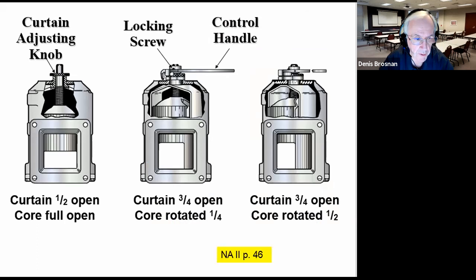Well, how do we control that air? For large volume use, these curtain valves are used, and you can see from this illustration that you can open them a little bit or a lot on the basis of where this control handle is positioned.